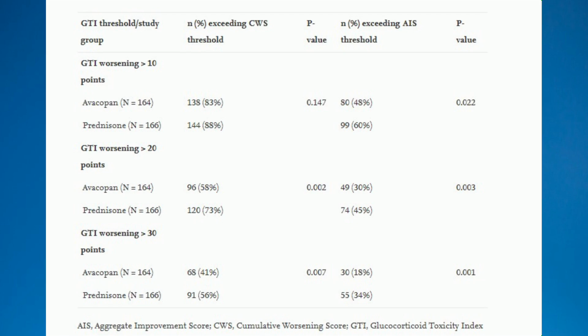So that proved that avacopan was not only statistically better than standard treatment in terms of reducing steroids, it did so in a clinically important way, because the differences between the two groups exceeded the MCID, or minimum clinically important difference.